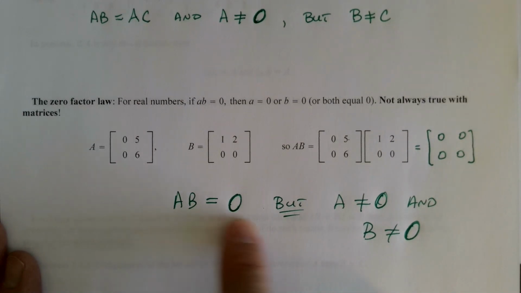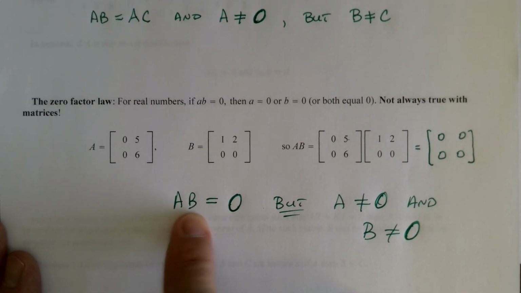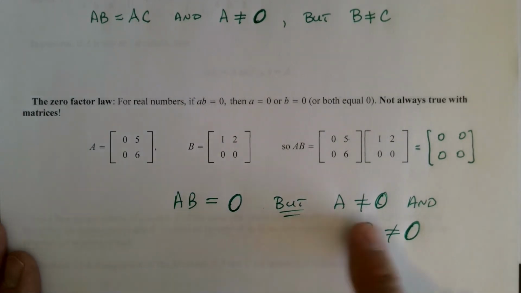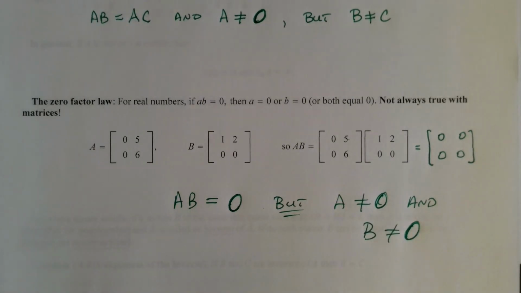If you have an equation and are asked to find the matrices that satisfy it, you just can't assume that one of them is the zero matrix. Neither one of them may be the zero matrix. And that's really different. We'll look at some more properties. In particular, we're going to introduce the inverse of a matrix in the next video.